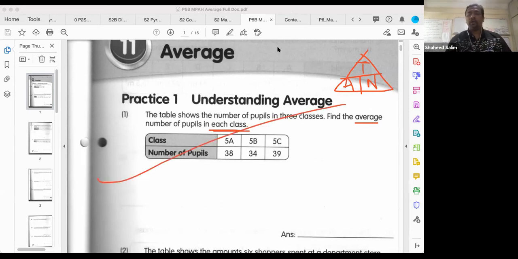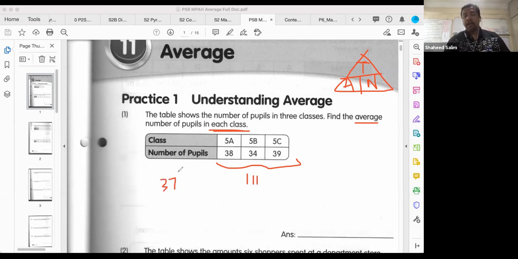37. Izzat said 37. What about Akhil? So, sorry. So now what you do? Add these 3 up. How much do you get? Let us see. Add the 3 up. Now I'm going to check. You must know how to do this. I'm doing this in honor of you, Mr. Akhil. Otherwise, there's no time. So I get 111. 111 then divide by 3 lah. 37. Well done, Izzat. Izzat got the answer. Average is 37. We are moving to the next one.